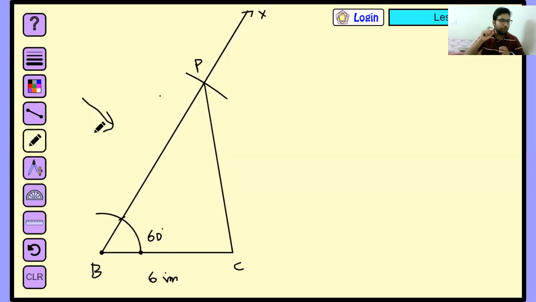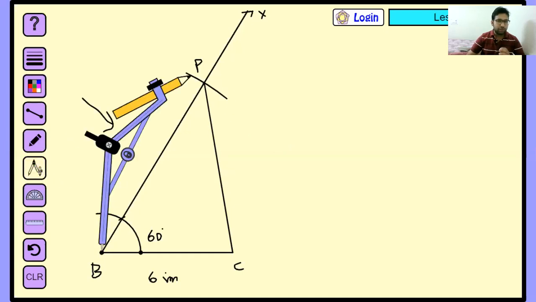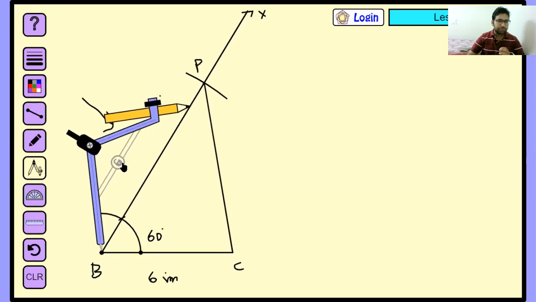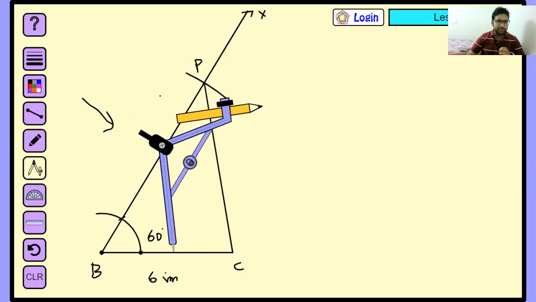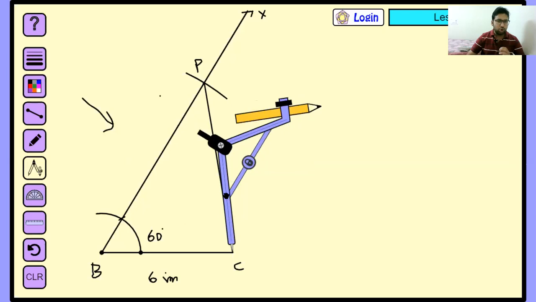We will draw a perpendicular bisector of this CP, and let's see how. First, you will keep your compass on point C. We know to draw the perpendicular bisector of any side, you open the compass more than half and take arcs on both sides.